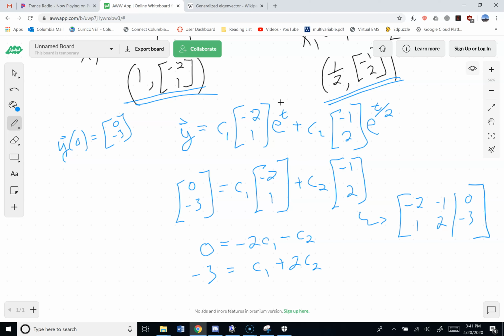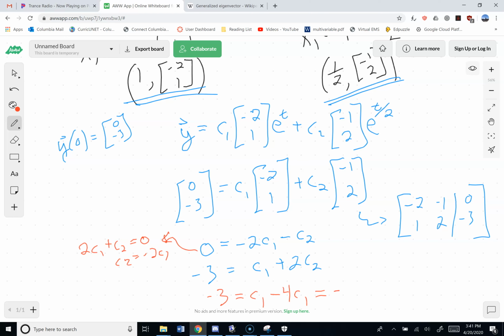Alternatively, you can solve this by hand pretty quickly, because this top equation is really the same as 2c1 plus c2 is 0, which is that c2 is minus 2c1. And then this guy becomes minus 3 is c1 minus 4c1.